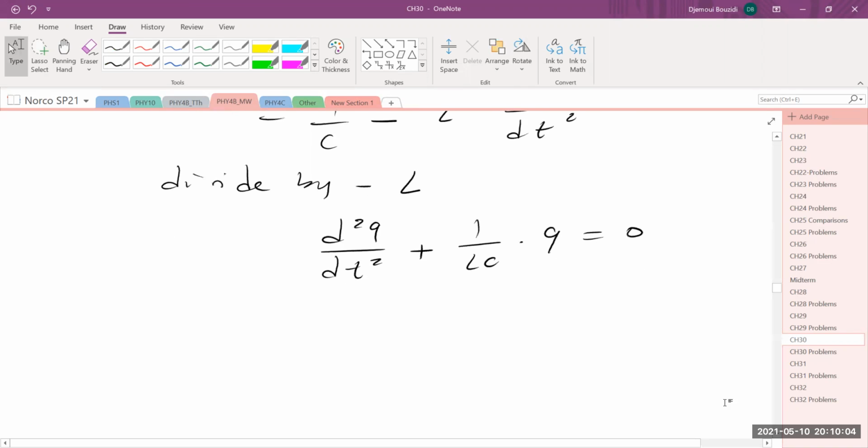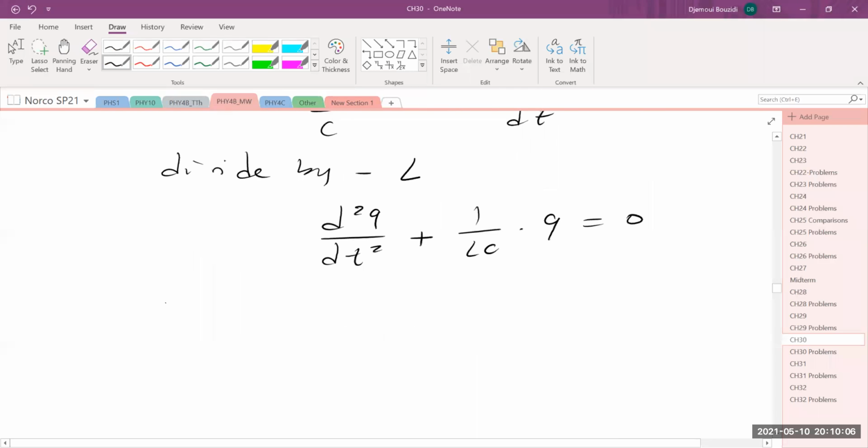Compare to mechanics. Compare to physics for a moment. Let me draw some comparisons in here because there is some parallelism here. This expression would look similar to F equals ma for a spring.